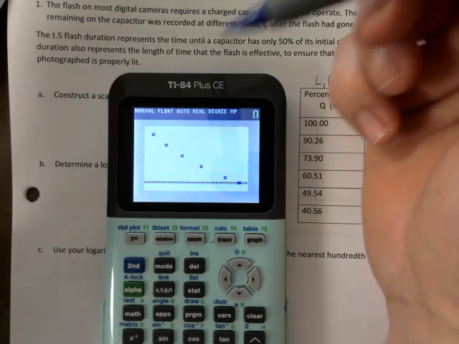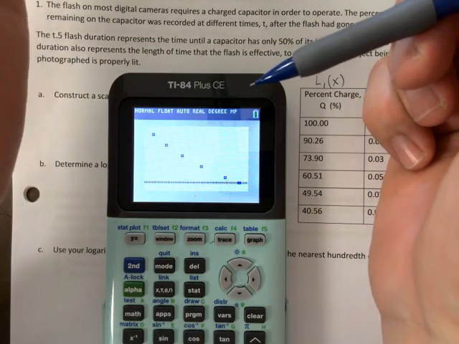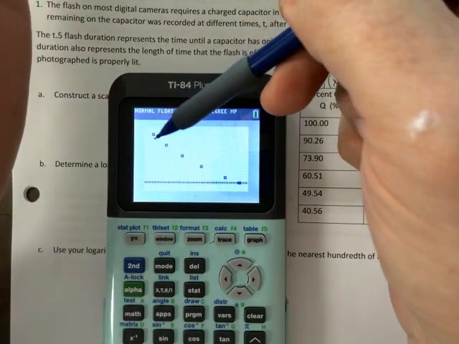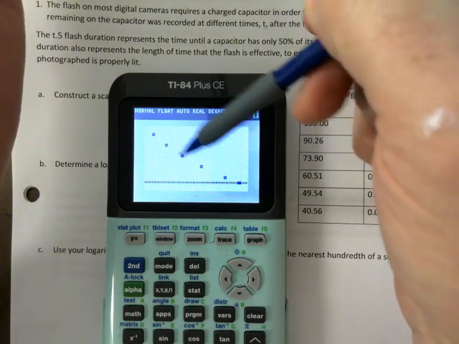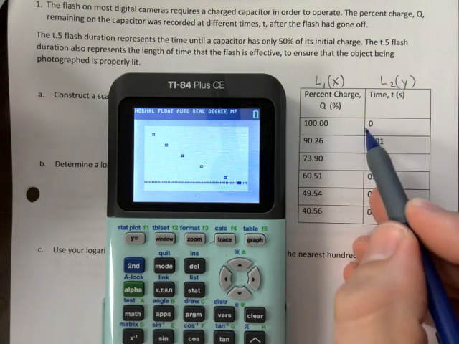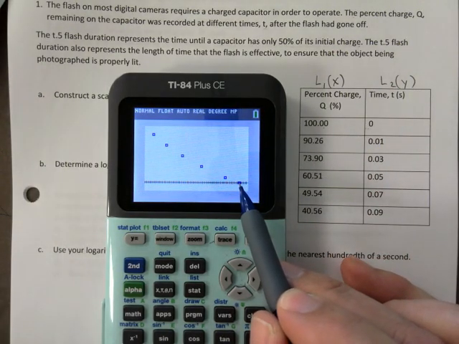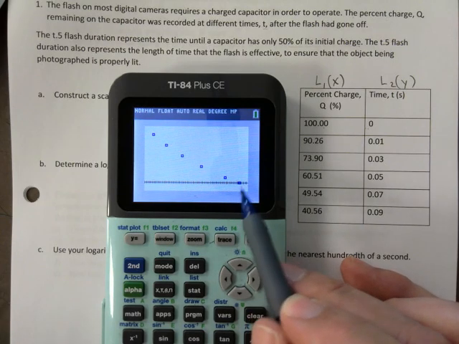If you had to pick between a logarithmic and an exponential, I think this would be for sure a logarithmic, because this 100, 0 is an x-intercept, right? An exponential never crosses the x-axis. So this would not be acceptable.